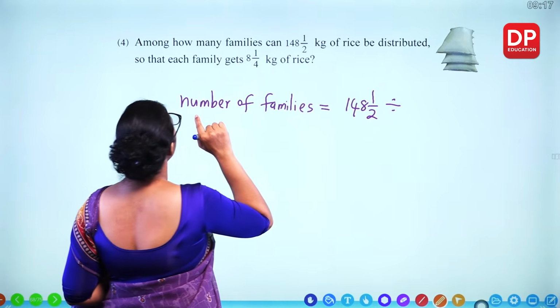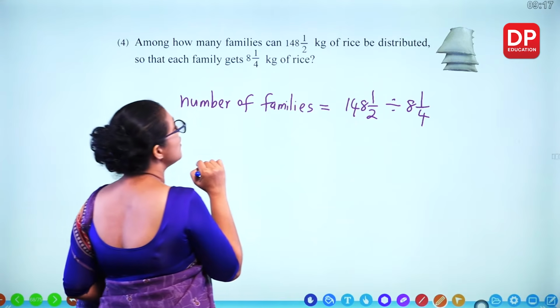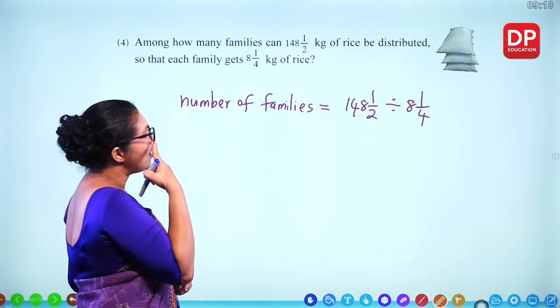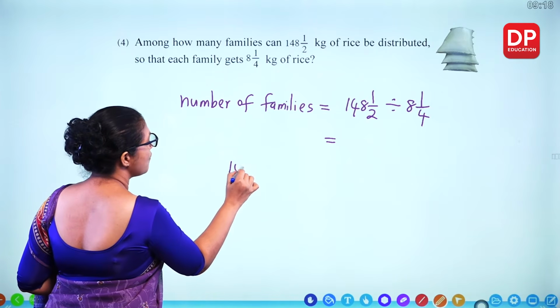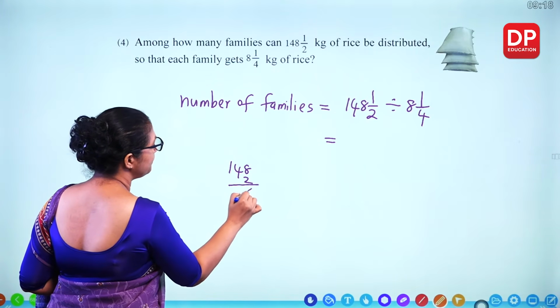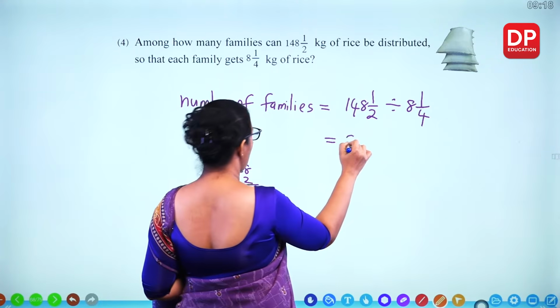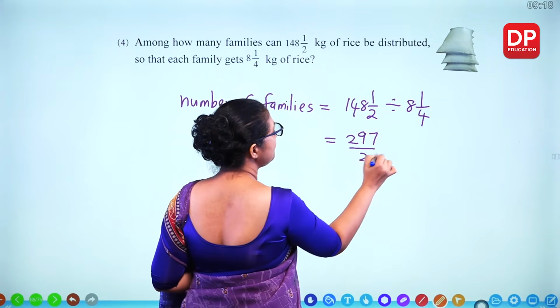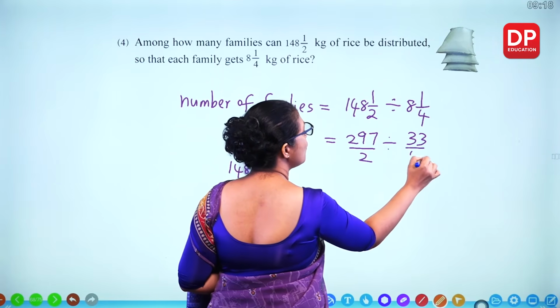You need to divide by 8¼ kilos. So divide. Convert to improper fractions. 148 multiplied by 2. You get 296 plus 1, 297. 8 times 4, 32 plus 1, 33 over 4.